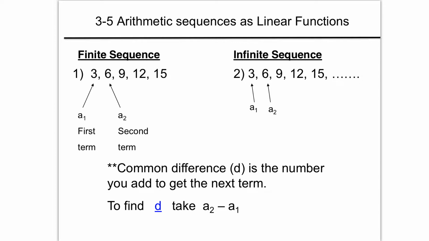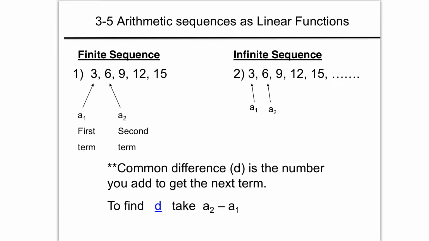That's an infinite sequence. Now in those sequences, we have what are called terms. So we have a first term, second term, third, fourth, fifth, sixth, seventh, eighth term, ninth term, and so on. You can see that I have a sub 1 here, with a little 1 under the a. It's called a sub 1. That a sub 1 means first term.